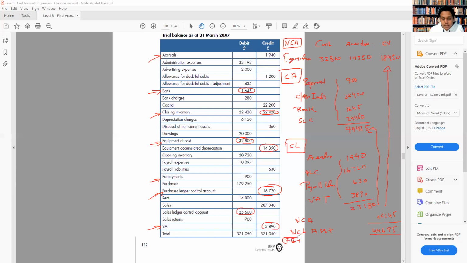On the finance by section, we have a formula that is opening capital plus profit less drawings, and that will give us the closing capital. So let's have a look. How much is the opening capital? Do you have any capital here?